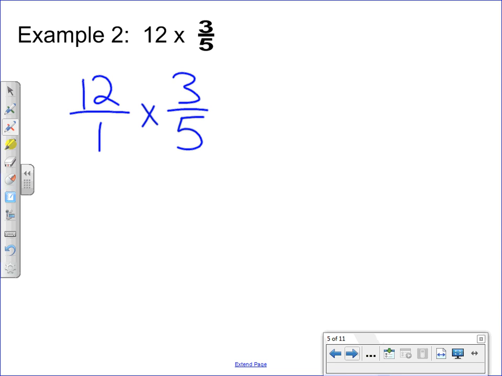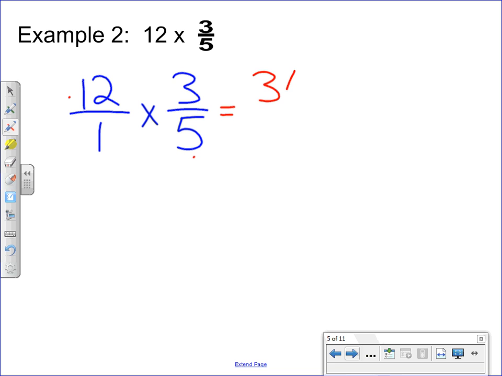If I look at my 12 and my 5, they're diagonal. 5 is a prime number, meaning it's only divisible by 1 and 5. 12 is not divisible by 5 because it doesn't end in a 0 or 5, so we can't simplify there. 1 and 3, can I divide either of those? Well, 3 is a prime number, so it's only divisible by 1 and 3. 1 is not divisible by 3 evenly to make a whole number, so we cannot simplify before we start. We just have to work it out.